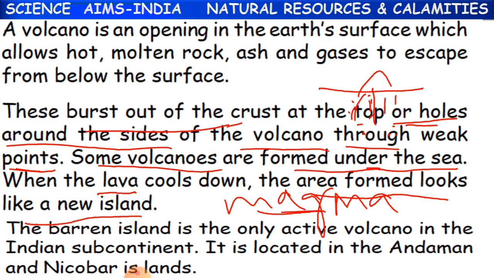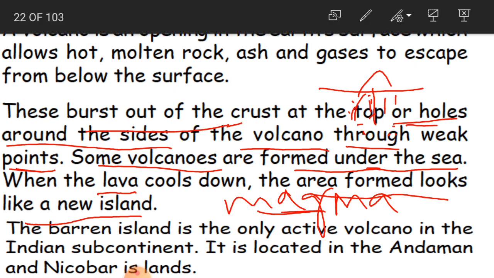Okay, children. And Barren Island is the only active volcano in the Indian subcontinent. So, in the Indian subcontinent, we have one island which is the only active volcano. Only active volcano in the sense where you have the lava.